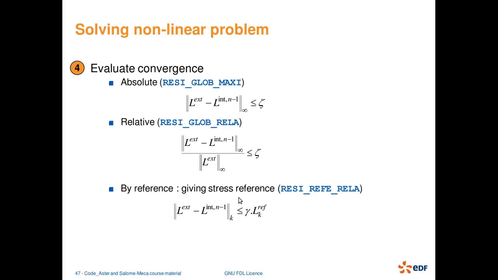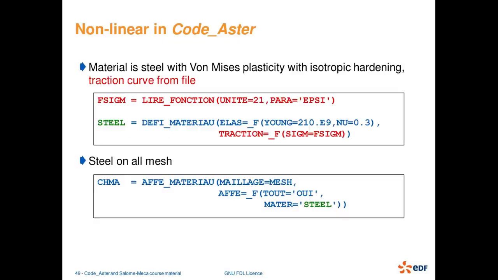So this is the equation applied for that, where the reference load is known and I do not exceed some multiple of that. Okay, so these are various kinds of convergence criteria implemented in Salome-Meca or Code-Aster.